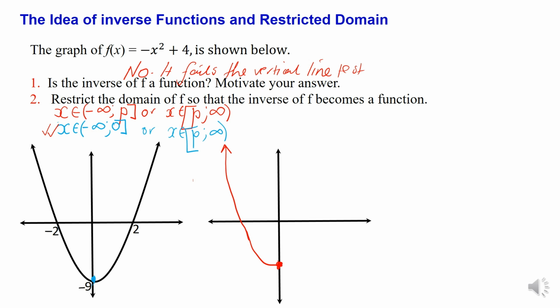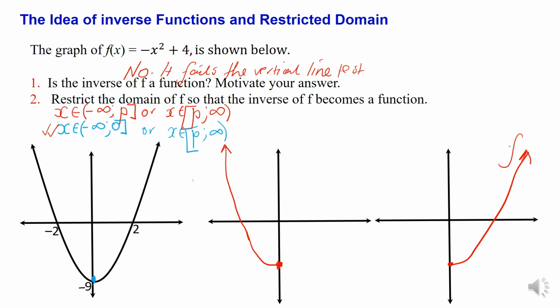The other option, which is from p to positive infinity, means my graph starts from (0, -9) going upwards. So from (0, -9) I go up in that direction. That will be my graph of f after the domain has been limited.